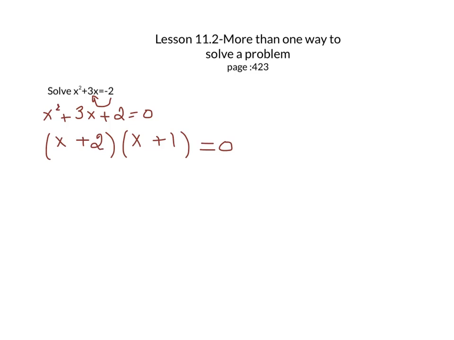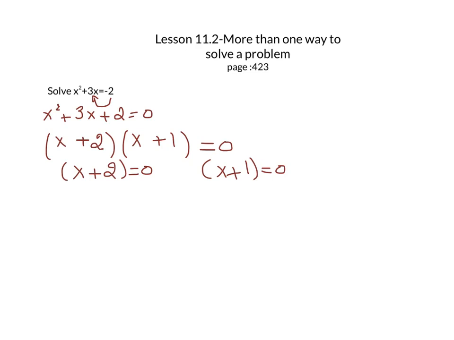Some books call it the null factor law, others the zero product property. What does that mean? This means if x plus 2 multiplied by x plus 1 is equal to 0, then I can write x plus 2 is equal to 0 and x plus 1 is also equal to 0.